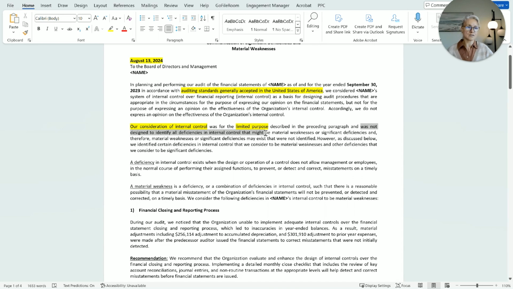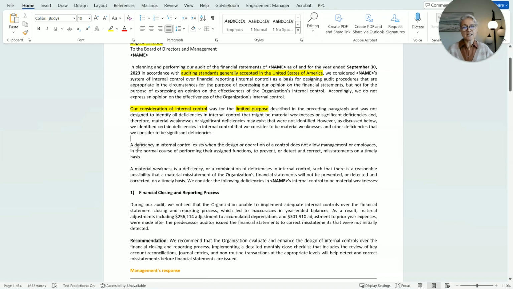But we came across some deficiencies. Therefore, we're telling the management that there could be material weaknesses and significant deficiencies that we did not find, because our procedures were not specifically designed to look for them. But regardless, we came across some of them that we want to bring to your attention.